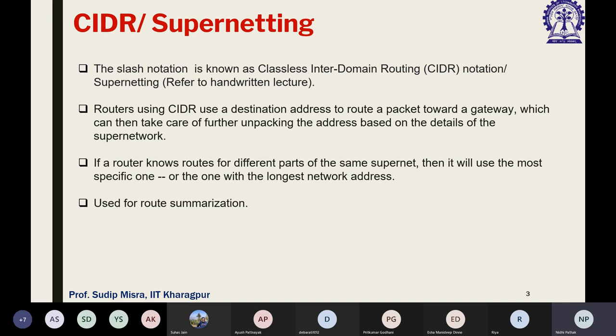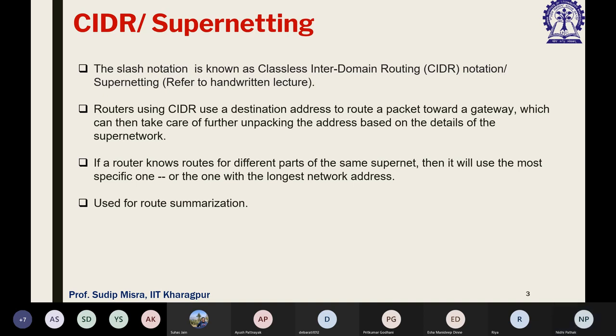If you look at the routing table of the outside router, for the 4 different networks, it needs to have 4 different entries in that routing table.